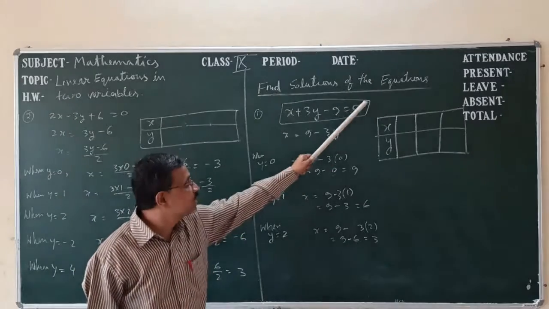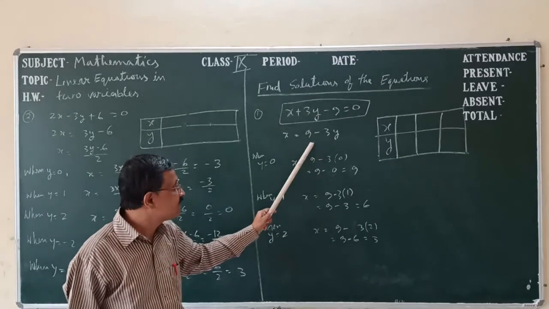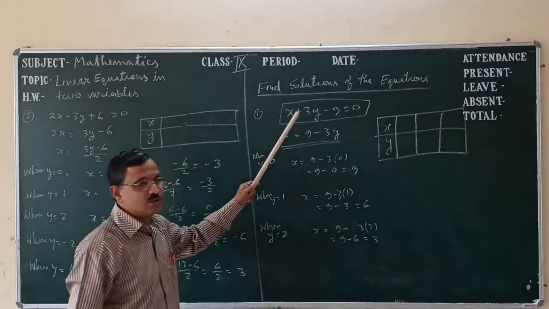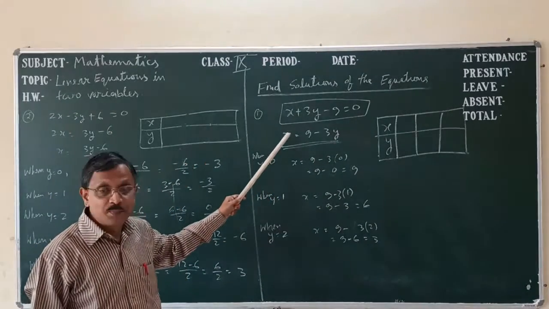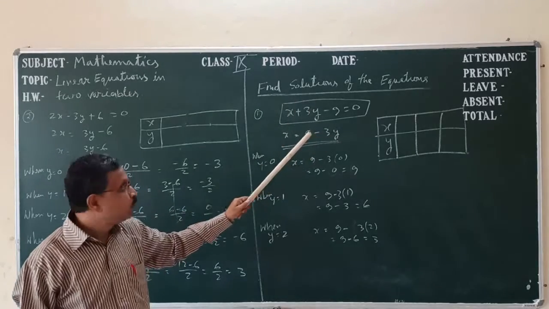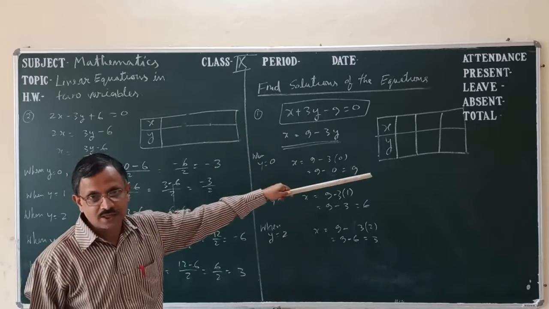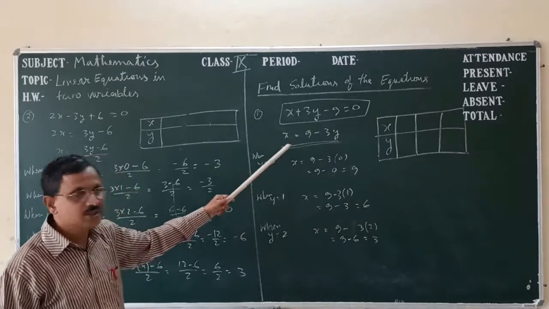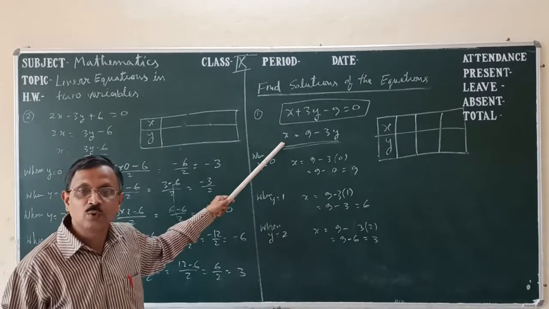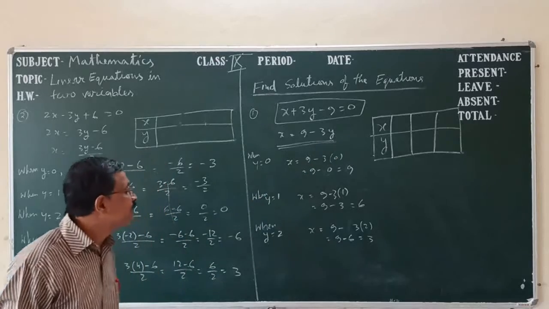So x is equal to 9 minus 3y. These are the same equation, but with one variable represented in terms of another. We could also keep 3y on one side and x on the right hand side, but it is easier to solve this way, because x has no coefficient, only 1. So x is equal to 9 minus 3y.